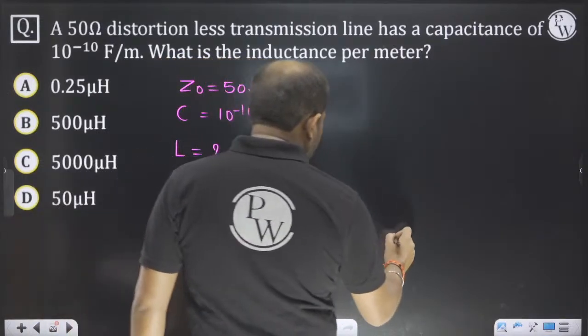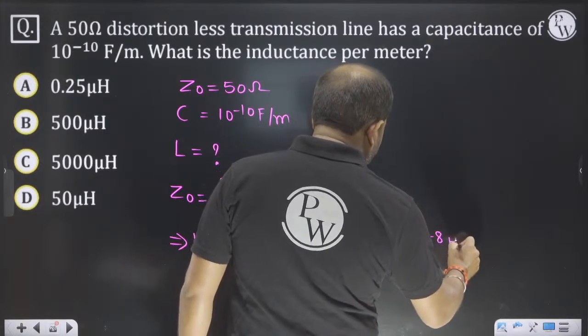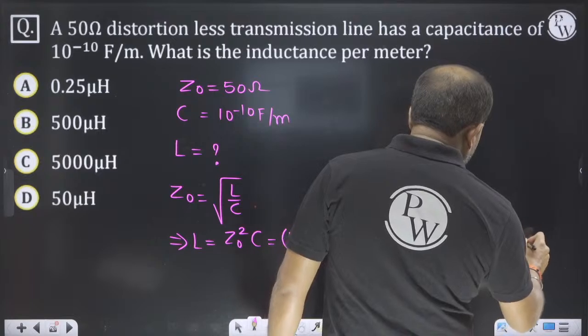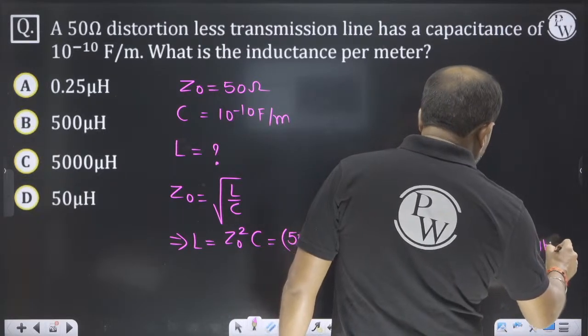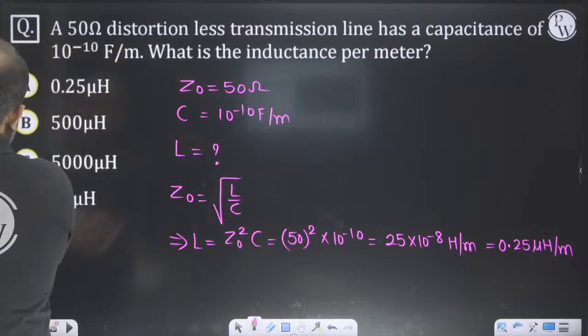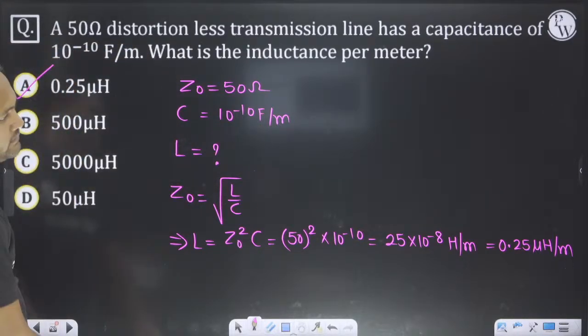That means 25 into 10 to the power minus 8 Henry per meter. If I write in microhenry, 0.25 microhenry per meter. So our answer will be A.